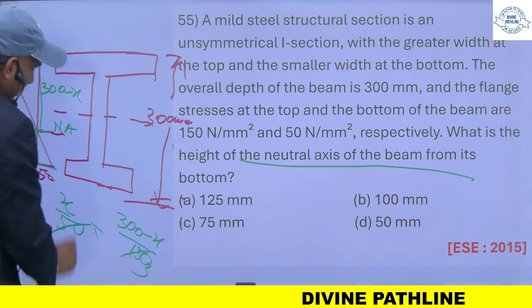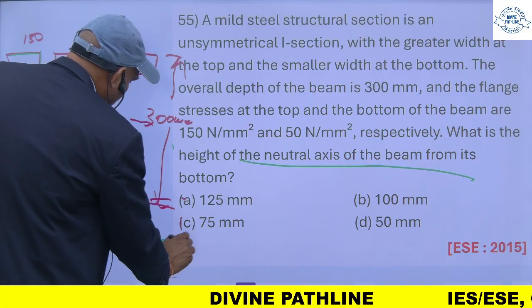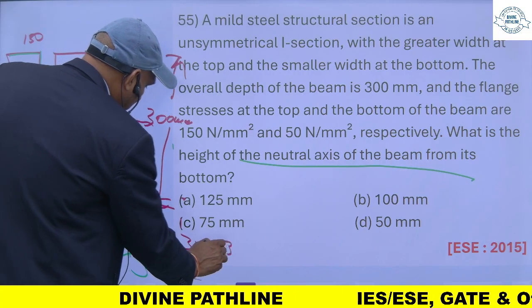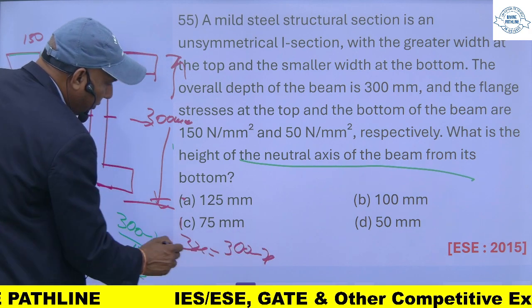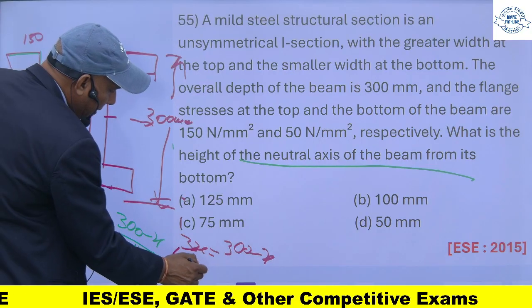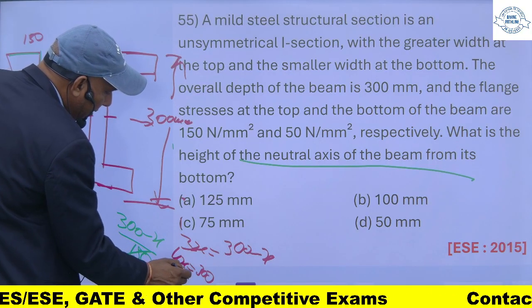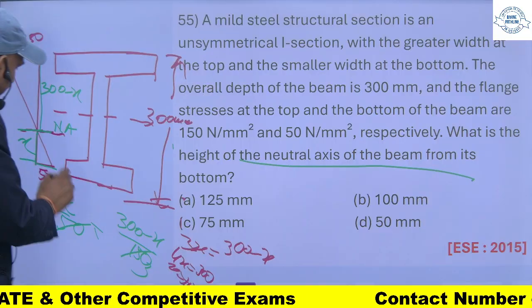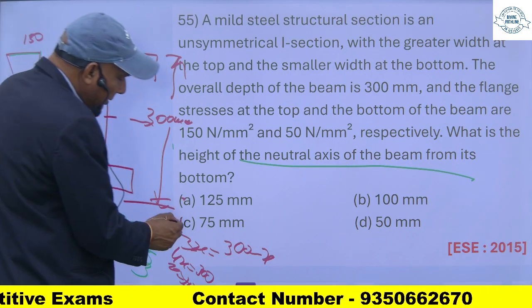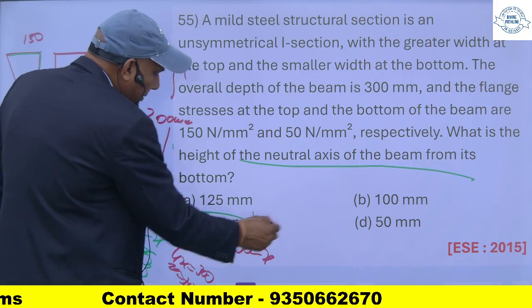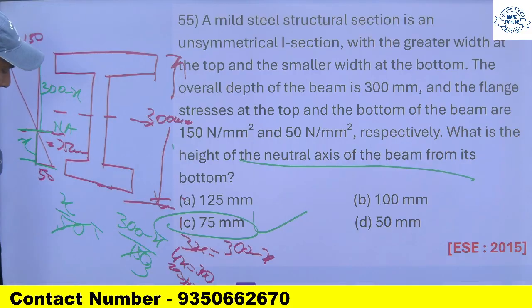So this will be 3x is equal to 300 minus x. It will be 4x is equal to 300 and x will be 75 mm. So 75 mm is the correct option.